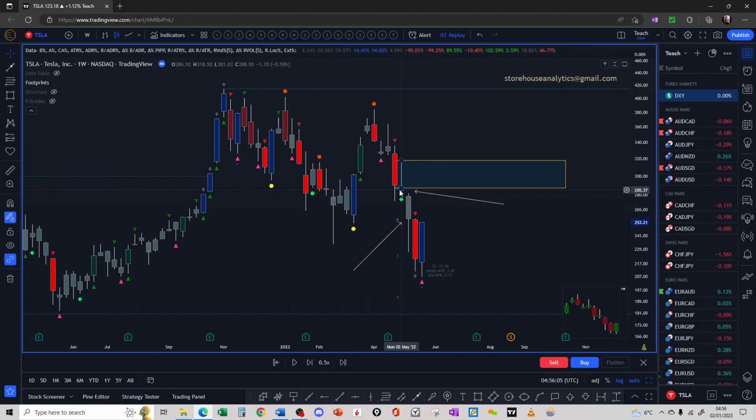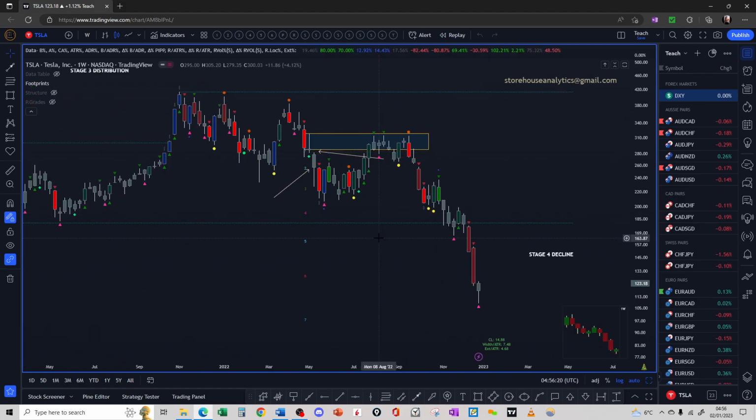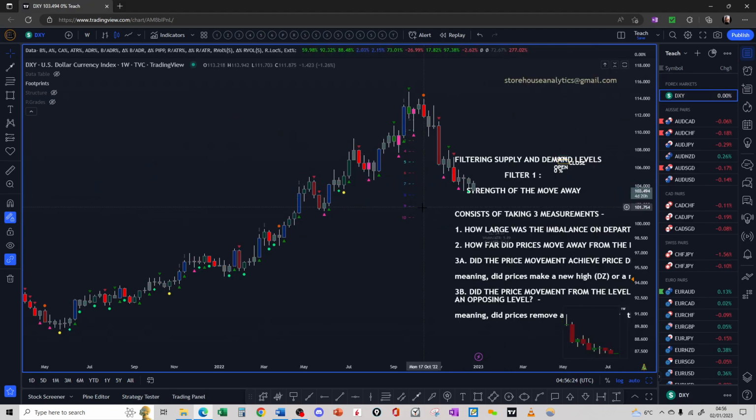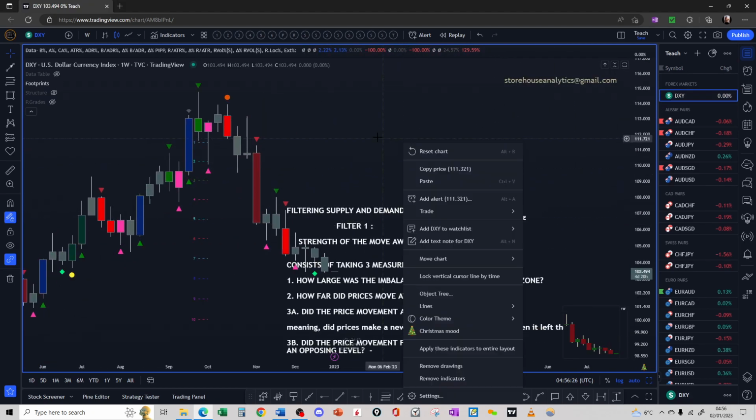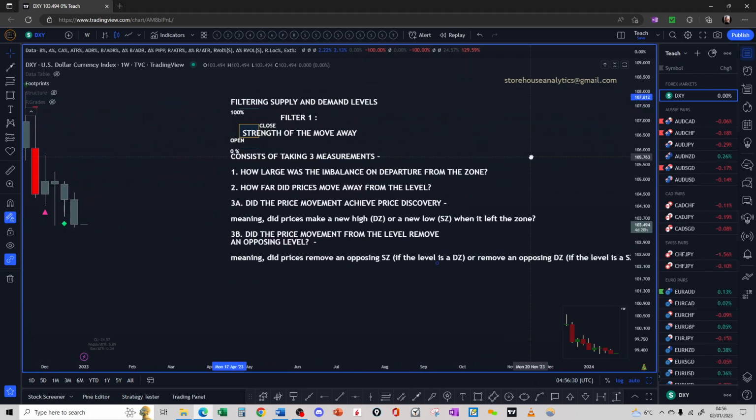Everything else that happened after the gap, for me, not really mattering as much as the gap. Okay? So that's what we were looking for. That's the strength. Let's go back to the lesson. I just thought I'd show you that quick example. Let's see how far we get now.